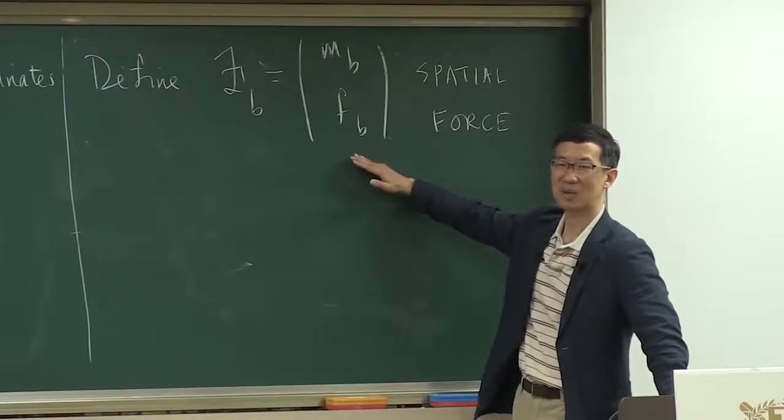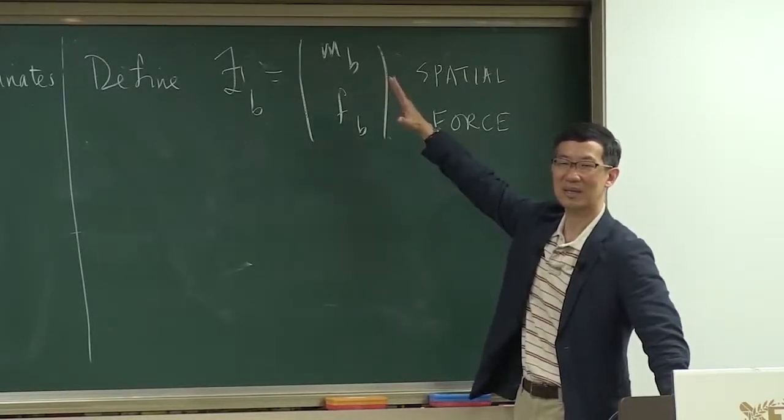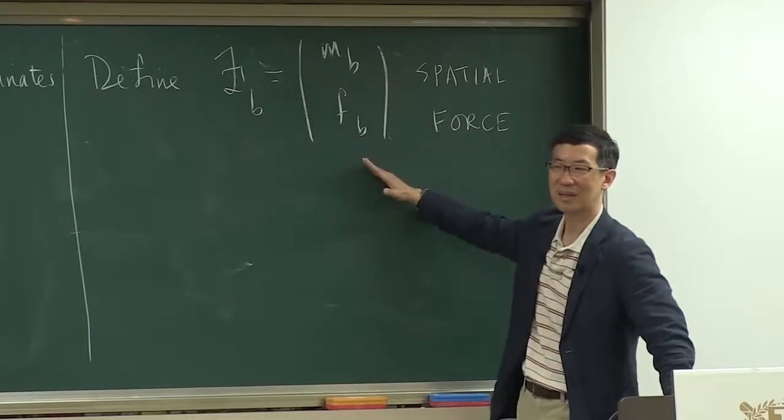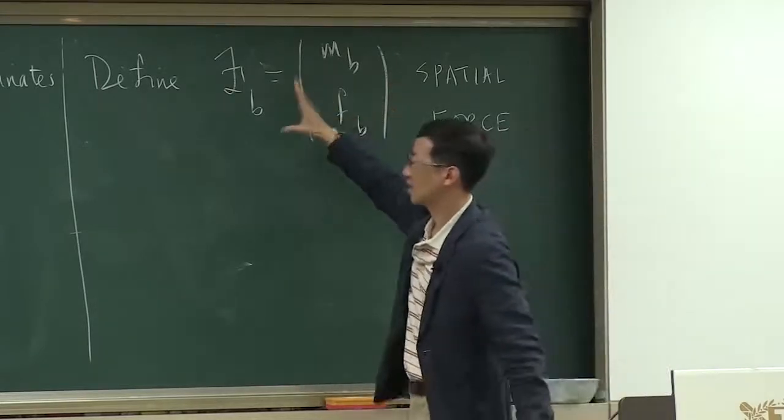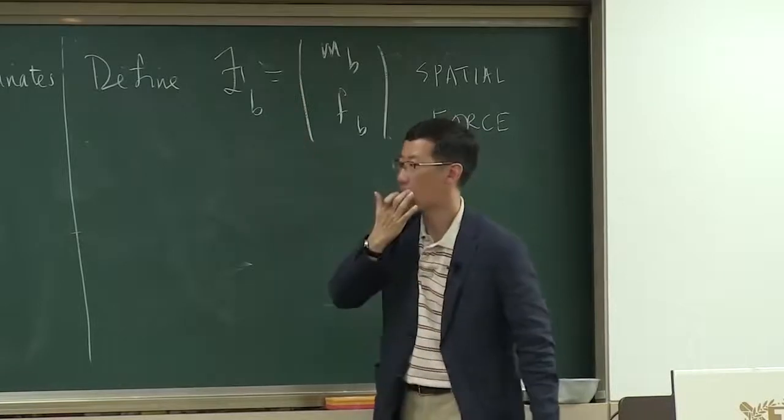Okay, we're now superior beings, right? So we can now think 6-dimensionally. All right, so here's this 6-dimensional spatial force. So we can say things like a rigid body is in static equilibrium if the sum of its spatial forces is 0.